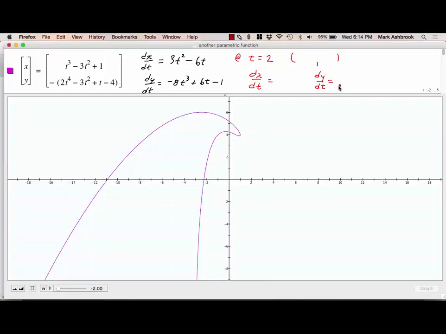And then check your work with the person next to you. And then same with at t equals 1. Make the math easy.